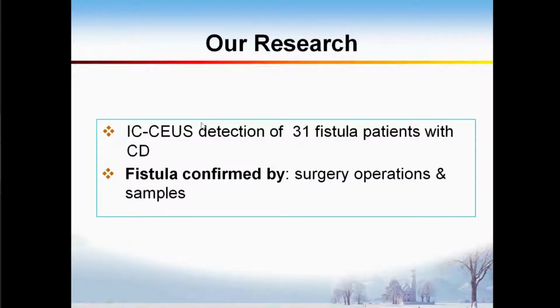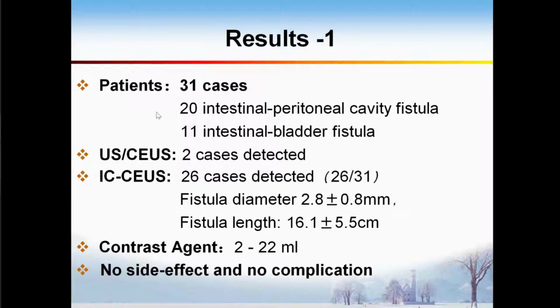In our study, we gathered 31 fistula patients, and the fistulas were confirmed by surgery and operation samples. In our research, 20 cases had fistulas between the intestine and the peritoneal cavity, and 11 cases between the intestine and the bladder. With ultrasound and contrast ultrasound, only 2 cases were detected.